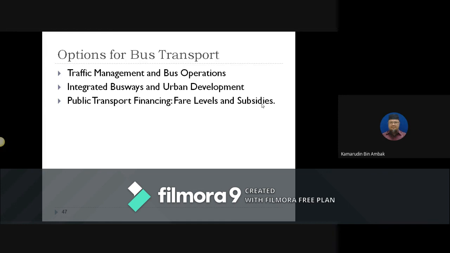Since our country was under the MCO or PKP, just over a few days ago, our government introduced a flat rate or discount for any user who wants to use public transport in Kuala Lumpur.